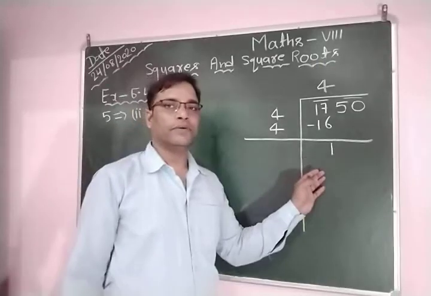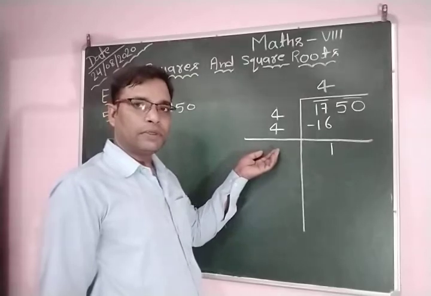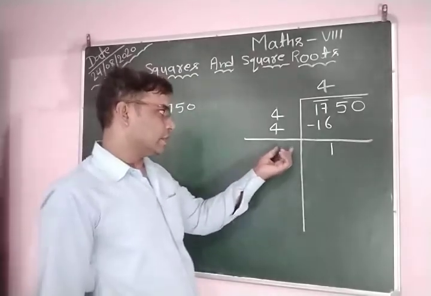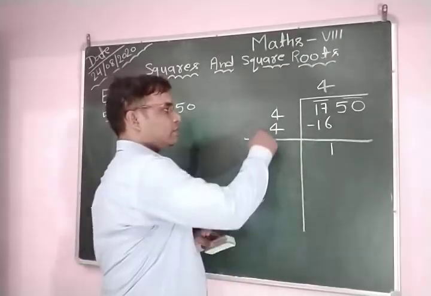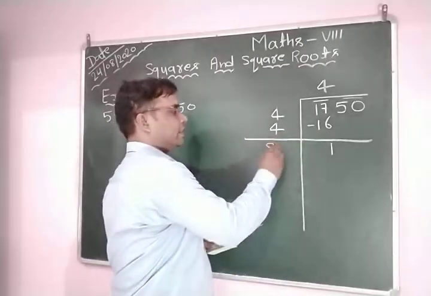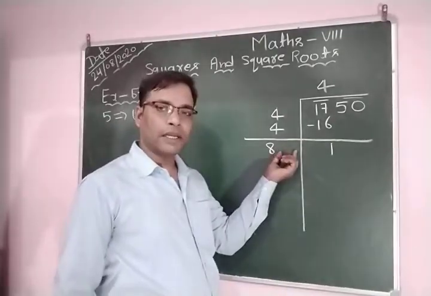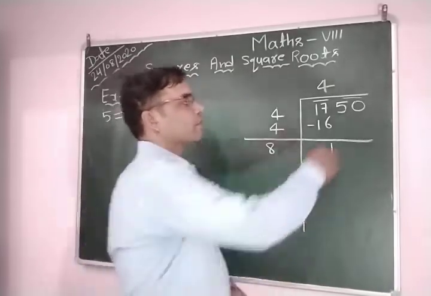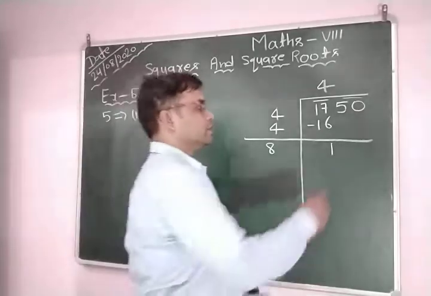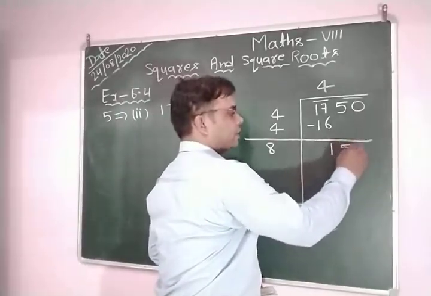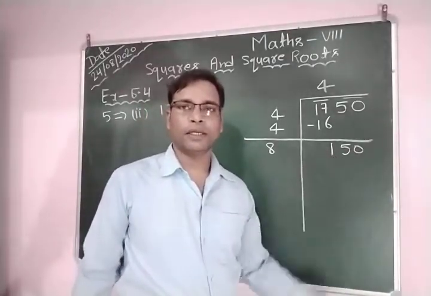Here remainder is 1, and after this we add them and write here, leaving one blank to put the next digit. So first we place the sum. This is 8. Okay. And we leave one space for one digit. Okay. And now we bring down the next pair. Next pair is 50. So here we bring down 50. So in this way you can see this becomes 150.